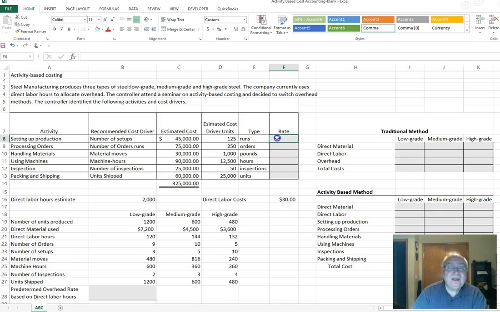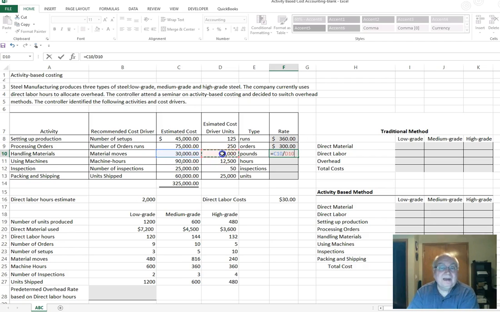Okay, what we have to do is come up with a rate for each of them, and what you do is you divide the 45,000 divided by the 125, and then you have the 75,000 divided by the 250, the 30,000 equal sign there, 30,000 divided by the 1,000.